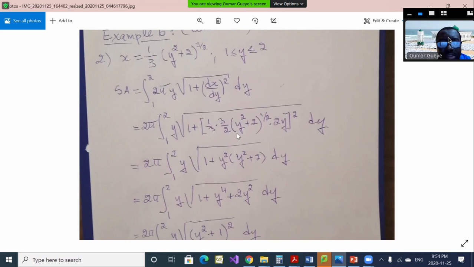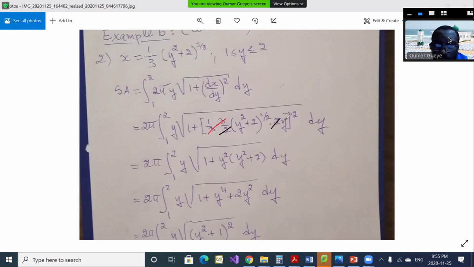And to differentiate it, I have to use the chain rule twice. We have 1/3, and the exponent 3/2 becomes the coefficient, and the new exponent is going to be 3/2 minus 1, as the power rule says. And times, as per the chain rule, the derivative of this, which is equal to 2y. So next step, I'm going to simplify the 2 and 2, and simplify the 3.